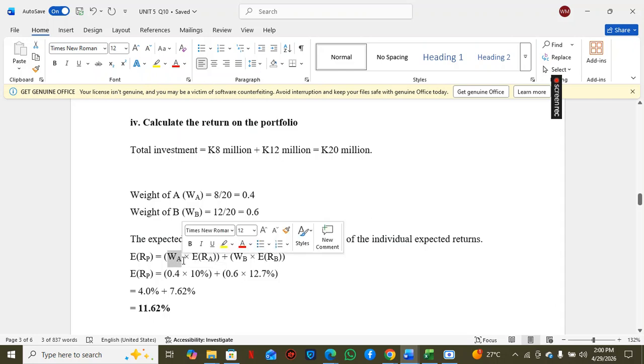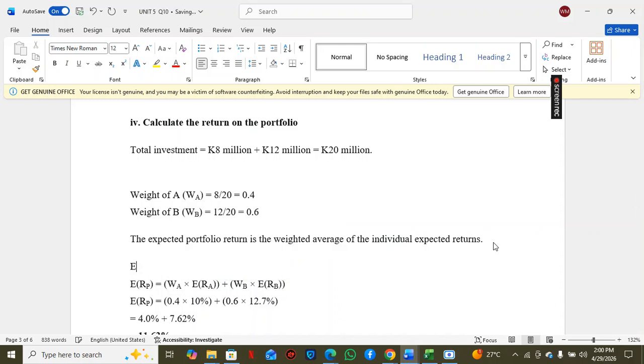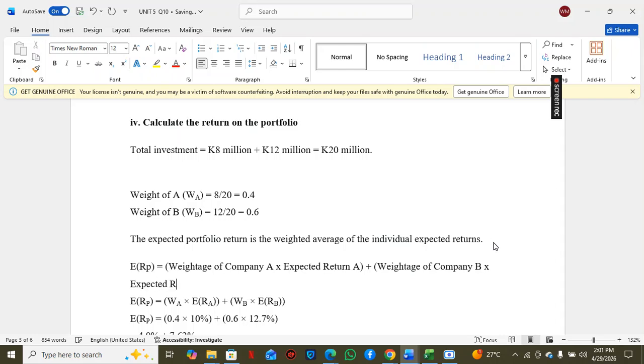So the weightage of company A multiplied by the expected return of company A, plus the weightage of company B multiplied by the expected return of company B. That's how you get the expected return for a portfolio.